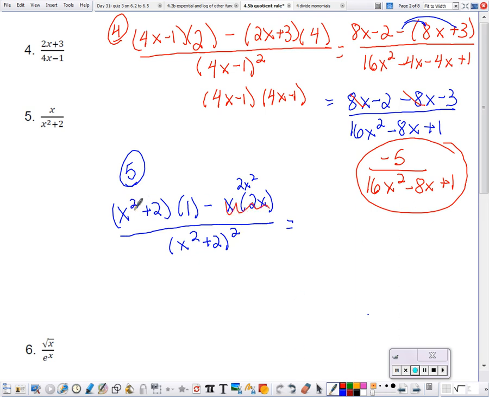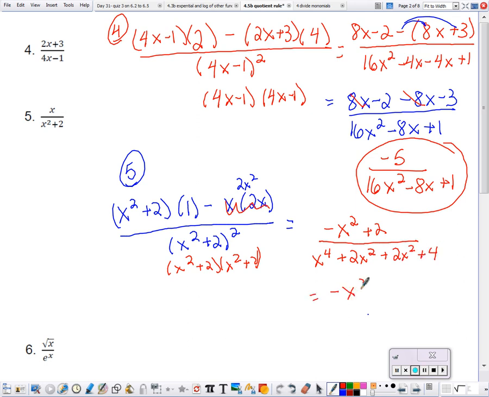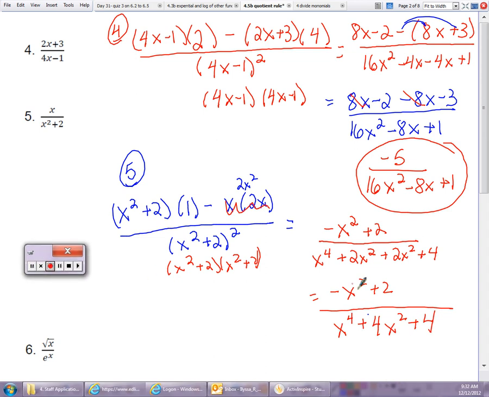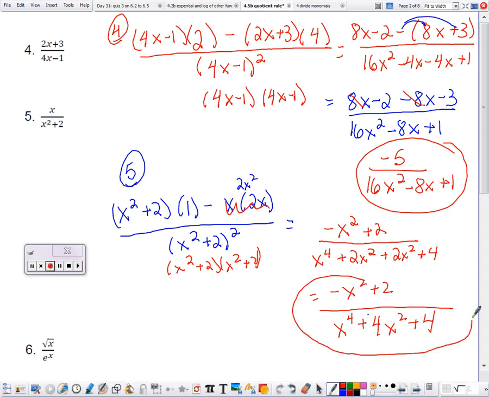So x squared minus 2x squared is negative x squared plus 2. And multiplying this together, here is my final answer for 5.